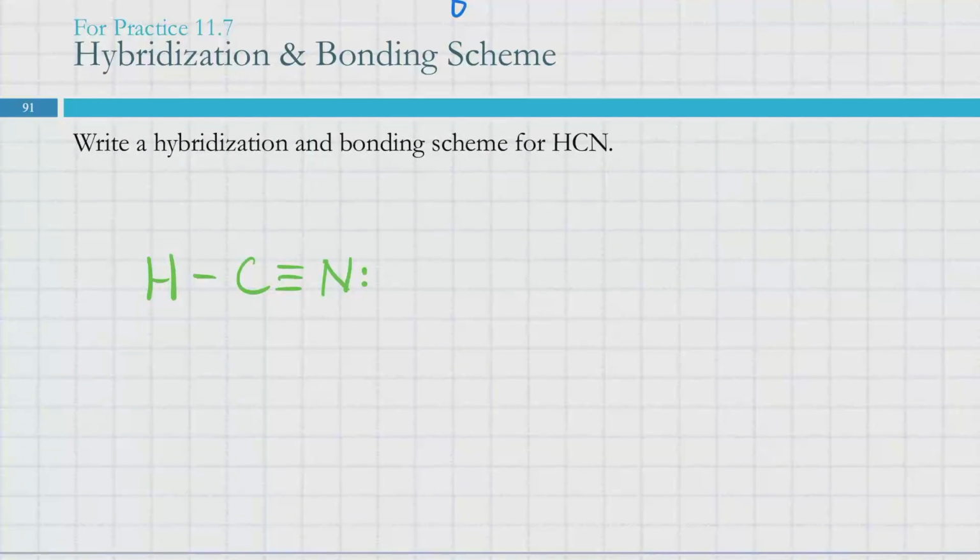How many electron groups do we have on carbon? Yeah, it's 2. What geometry would that give us? Yep, it's linear. And if we have 2 electron groups, that means that we need 2 hybrid orbitals.